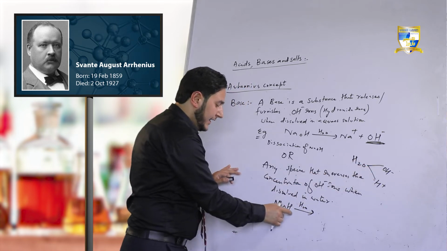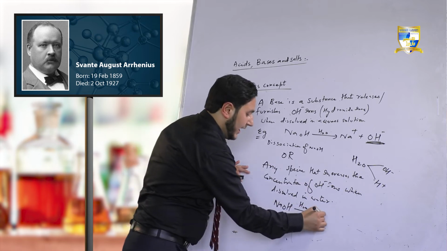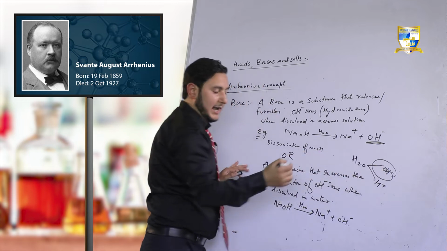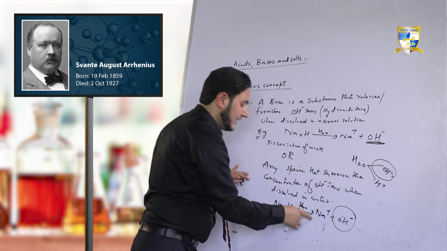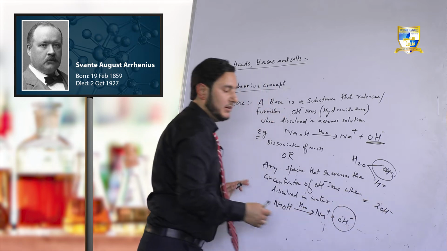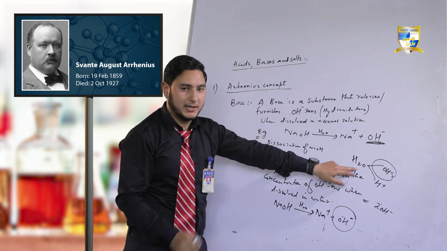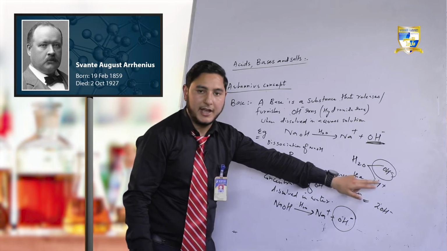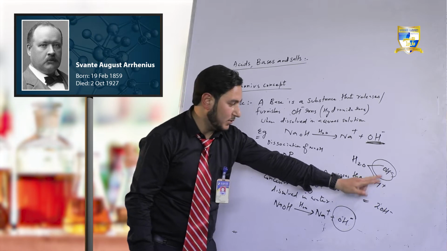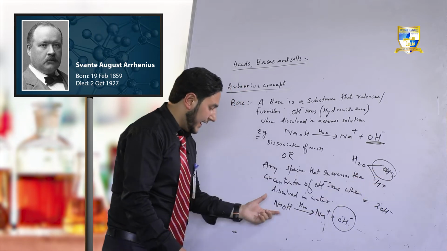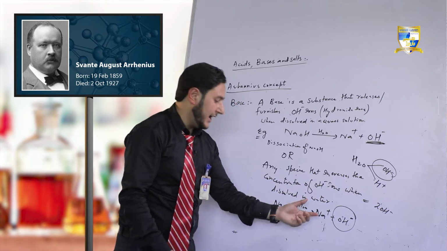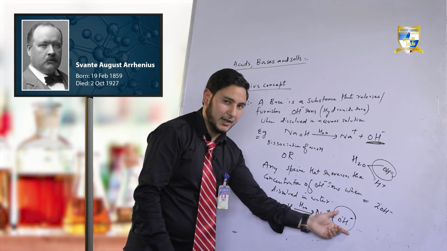When we dissolve NaOH into the water, Na positive and OH negative, the OH negative of the water and the OH negative released by the NaOH, the number got increased, it became 2 OH negative. I am repeating, H2O is itself made up of H positive and OH negative ions. When NaOH is dissolved in water, what we get is Na positive and OH negative ion.